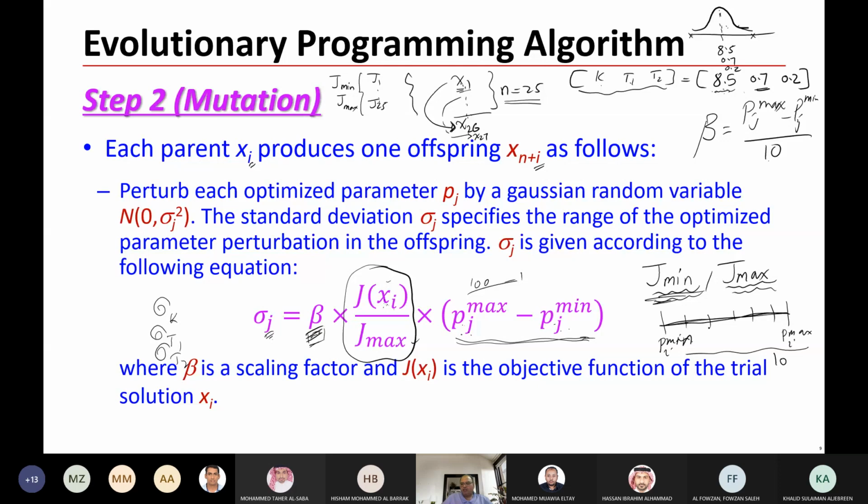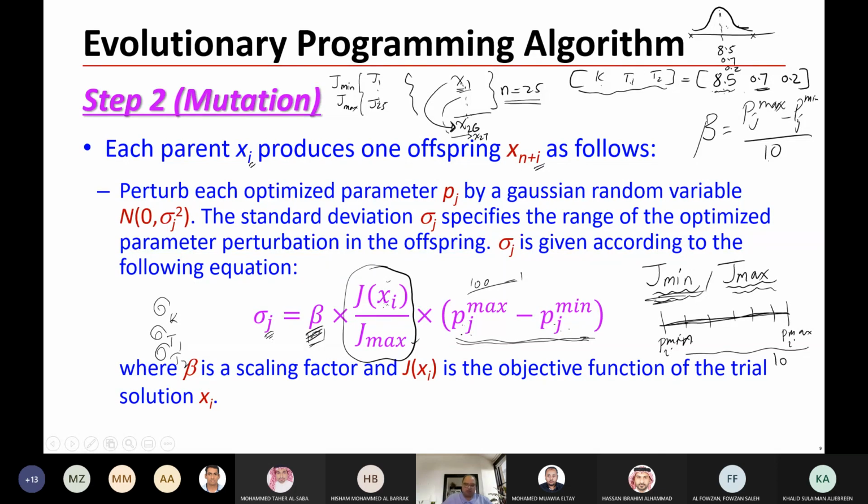You can allow for 10 intervals or 8 intervals. You can make it even adaptive if you want. At the beginning of the search, similar to the non-uniform mutation in the genetic algorithm, we can allow for a big step or big change.